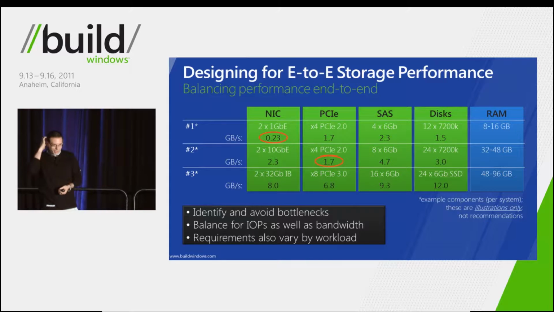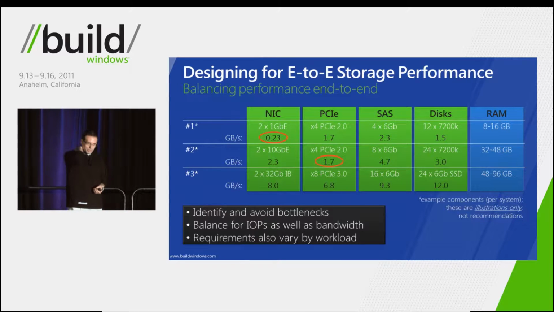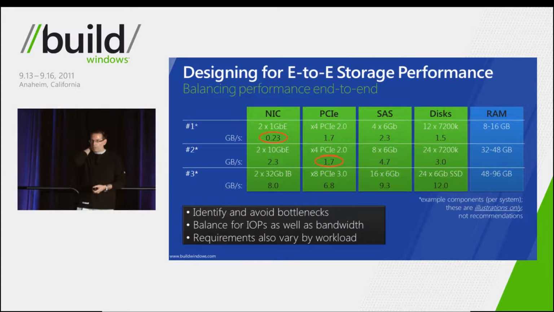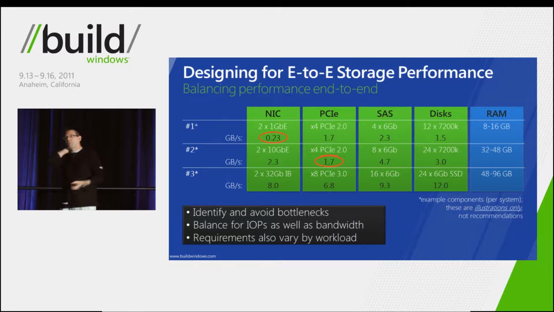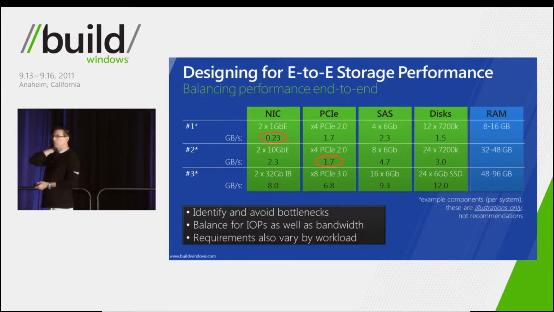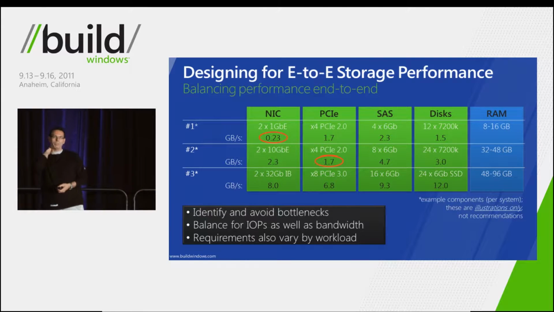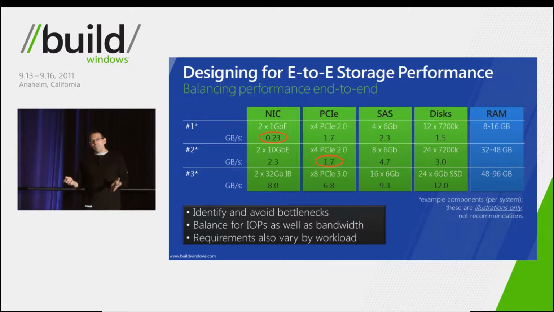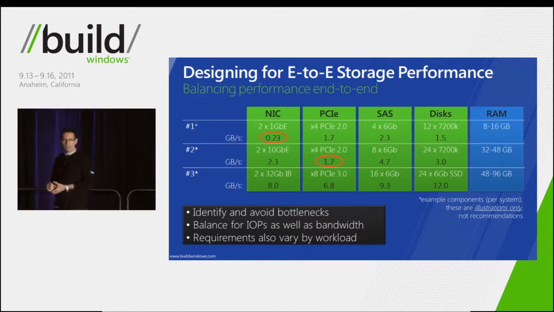And I put a couple of examples on the slide here. If you look at example number 1, a typical approach might be, well, I've heard about continuous availability, heard about taking advantage of multiple NICs, so I'm going to put a couple of 1 gig NICs on this system. And it's a relatively small appliance, so it's got a dozen disks in the back.